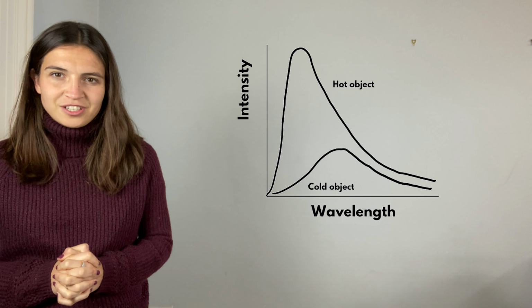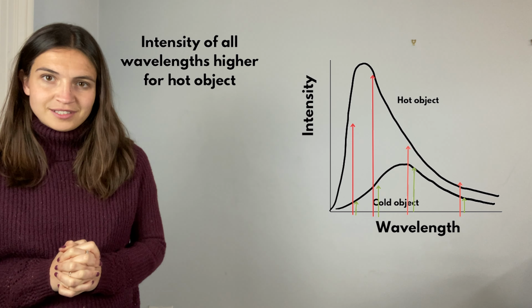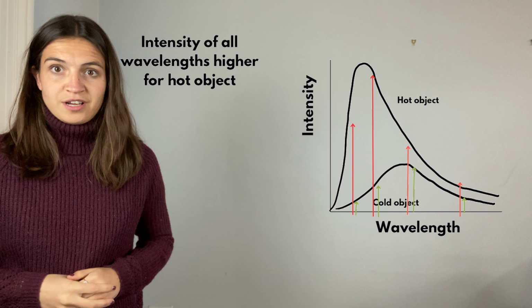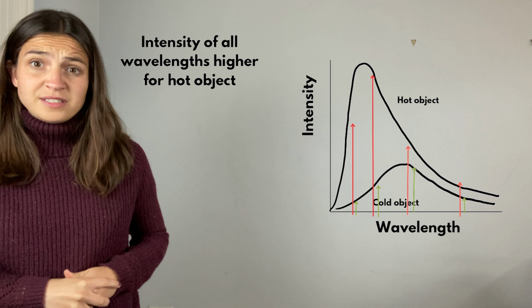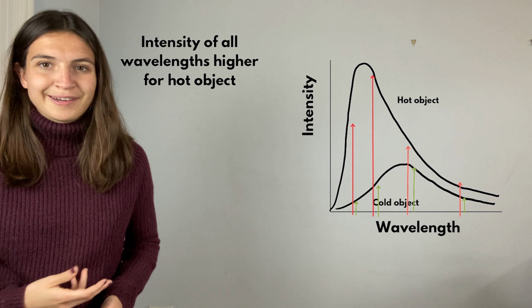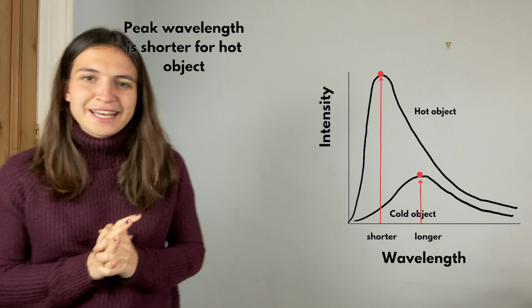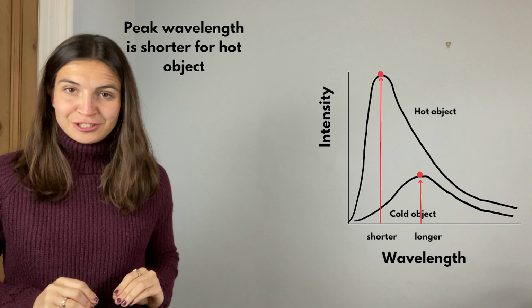The first feature, you can see that my hot object emits a higher intensity of all different types of wavelengths compared to my cold object. Or in other words, the graph of my hot object makes it higher up the y-axis than my cold object. The second thing you might notice is if you look at the wavelength, which is the highest intensity for these two graphs.